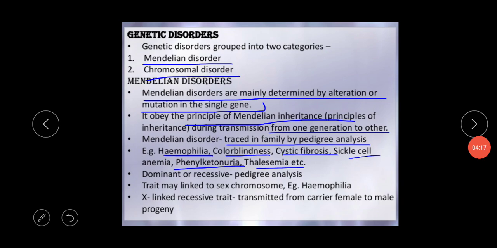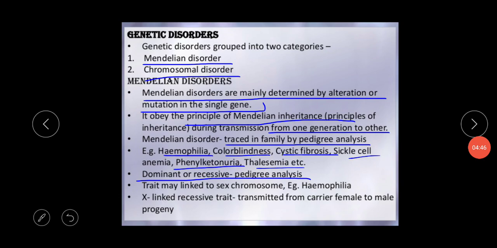First you should know that these kinds of diseases are either dominant or recessive. How will you identify whether this is dominant or recessive? Through pedigree analysis. There are 4 types of the disease. The first one is autosomal dominant, the second is autosomal recessive, the third is sex linked dominant, and the last one is sex linked recessive.